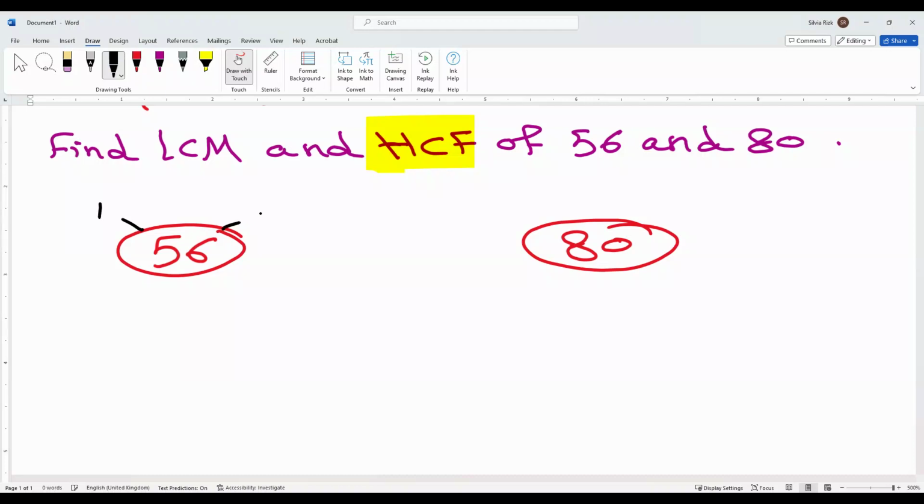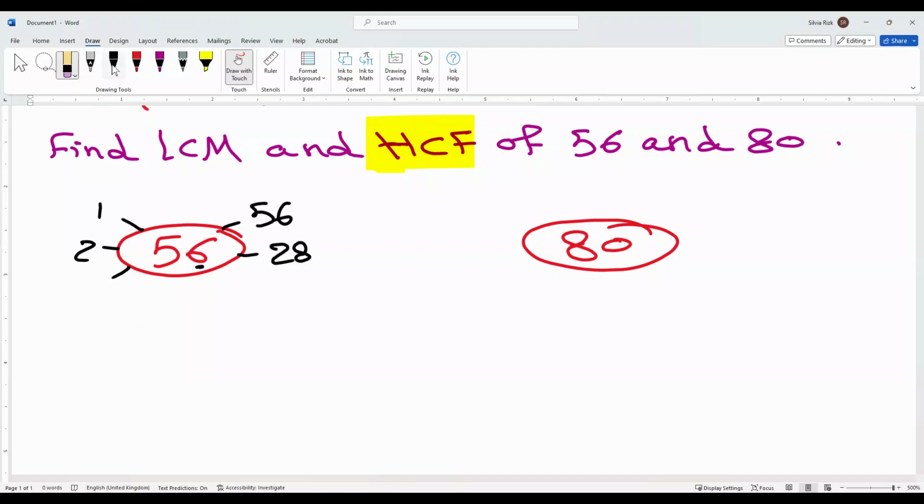Start with 1, so it's 1 and 56. Start with 2, it's an even number, so I can halve it. 56 halved is 28. This is ending in 6, so can I divide it by 3? No, actually 5 plus 6 is 11, so it's not divisible by 3.